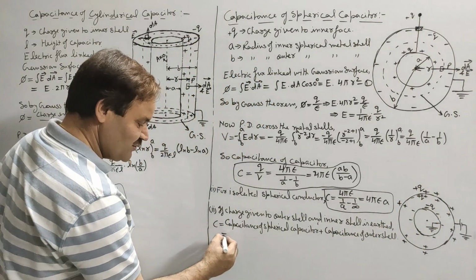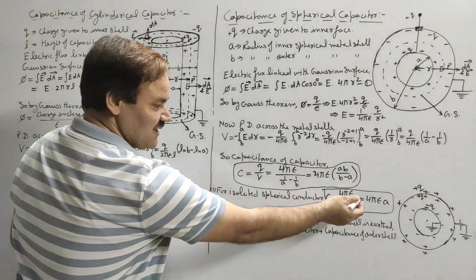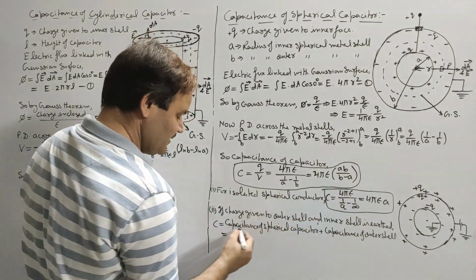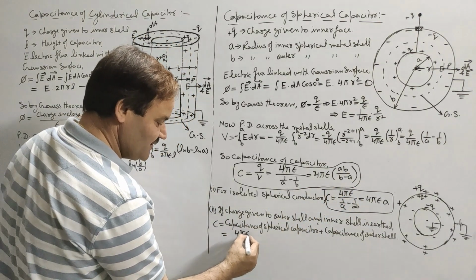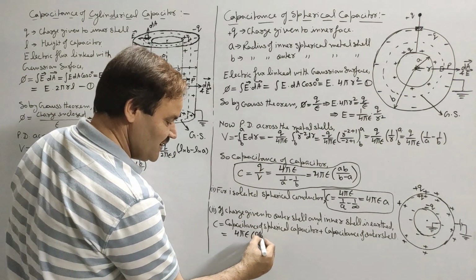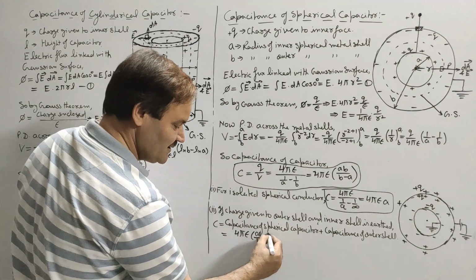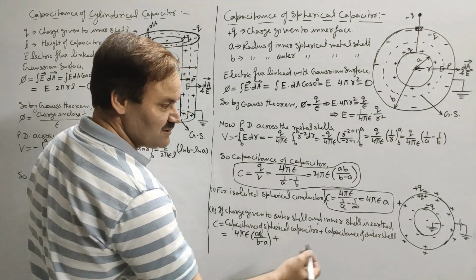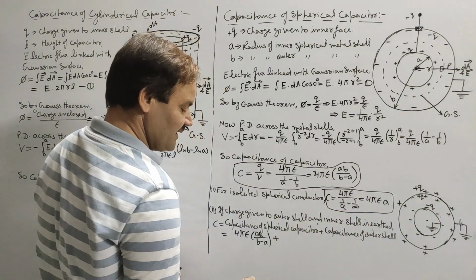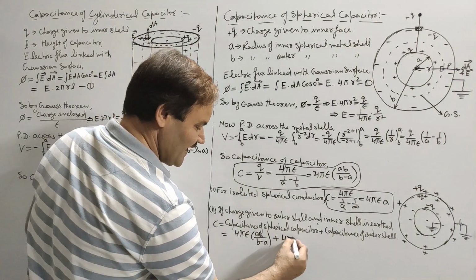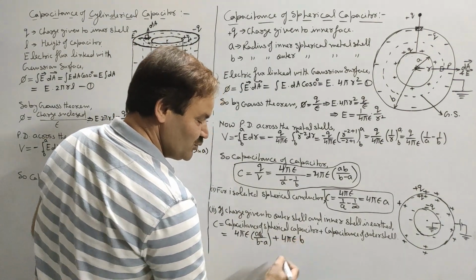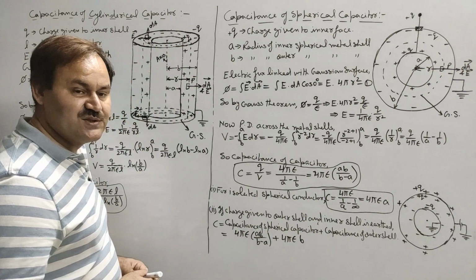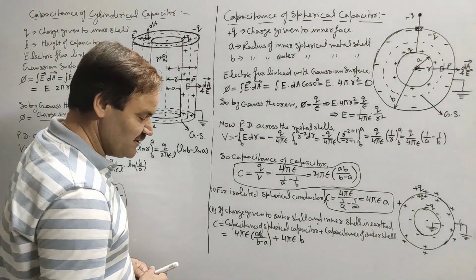Already we have determined the capacitance of spherical capacitor, 4 pi epsilon AB upon B minus A, plus capacitance of spherical conductor, 4 pi epsilon into radius, and radius of outer shell is b.